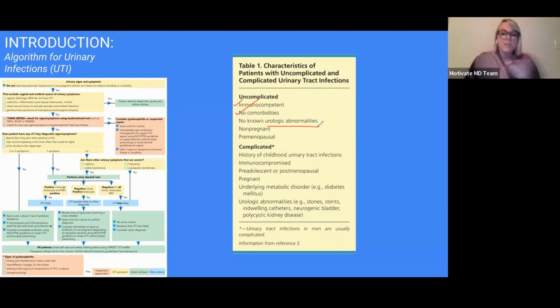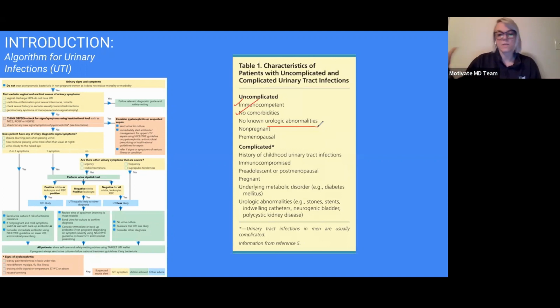They haven't had a transplant. They're not pregnant. They're fairly young. If we know that, then we know what the opposite is: things like being pregnant, a history of urinary tract infections, or being immunocompromised, maybe undergoing chemotherapy, on steroids, or having HIV and maybe AIDS as a result of that.